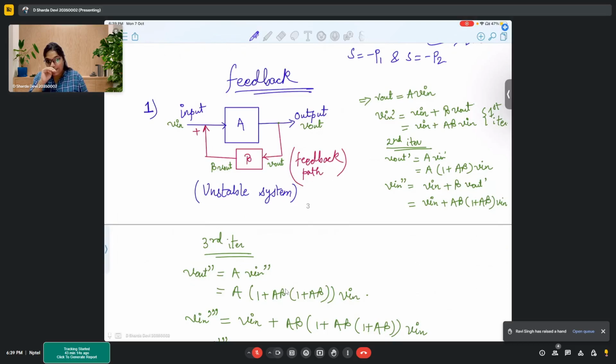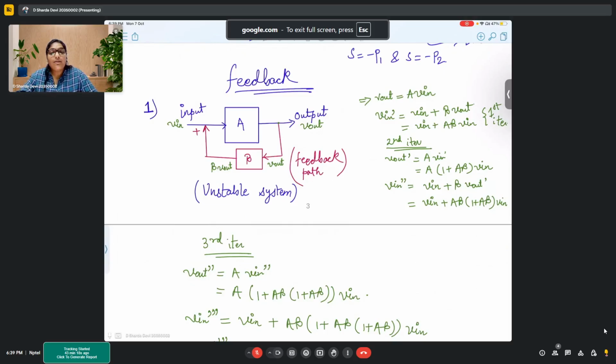Okay, question? Yes, please. So, this would depend on the value of A beta as well, right? But I mean, if it is quite less than one, then can we also say the system is unstable? If it is less than 1, then okay.